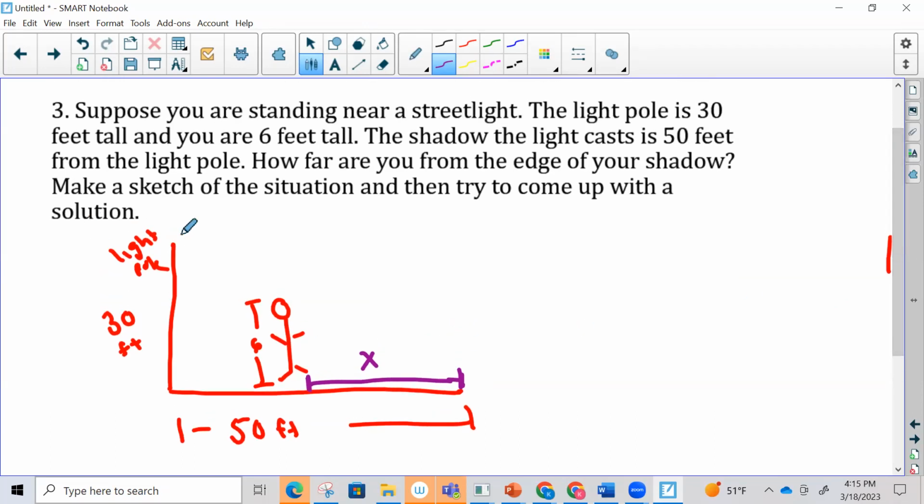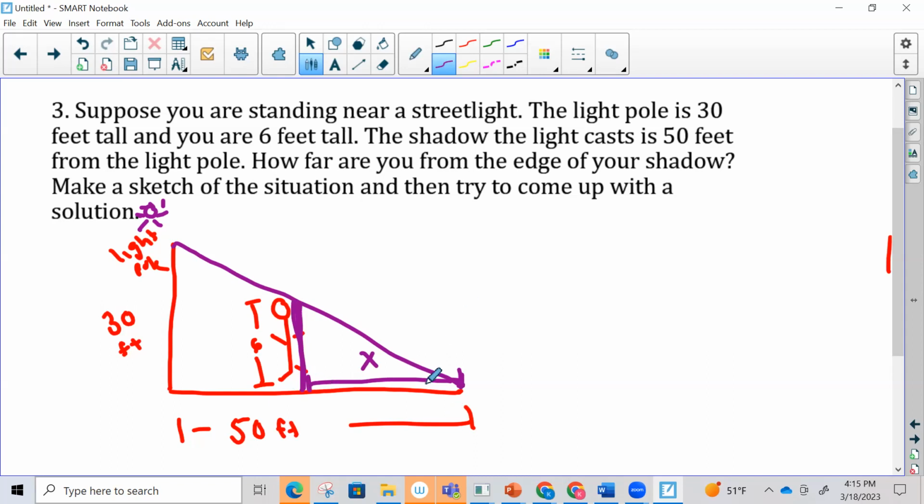Okay, so what we do is we have there, our sun is somewhere back here because that's where it's casting the shadow. And we draw it, we connect the top of our light pole to the end of its shadow to create a triangle. And then I also have a triangle for where I am, my height. I'm saying that's 6 feet. So I'm going to have two triangles.